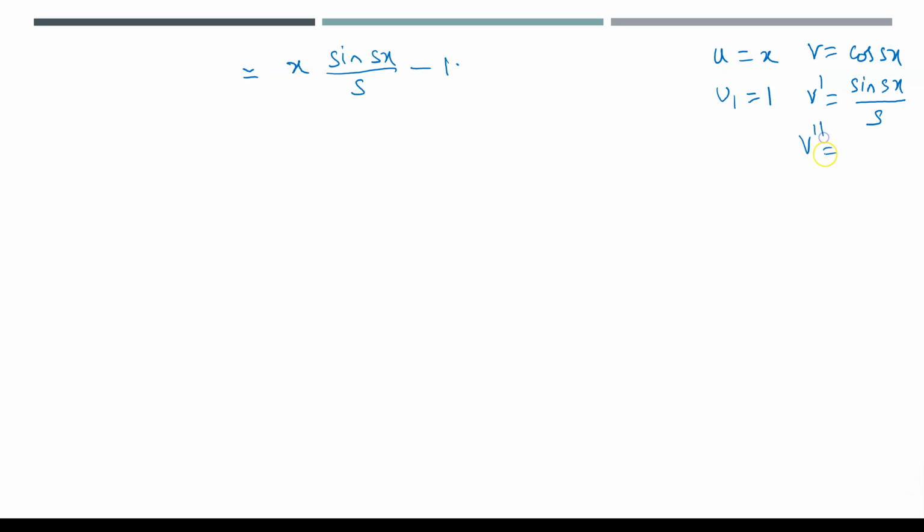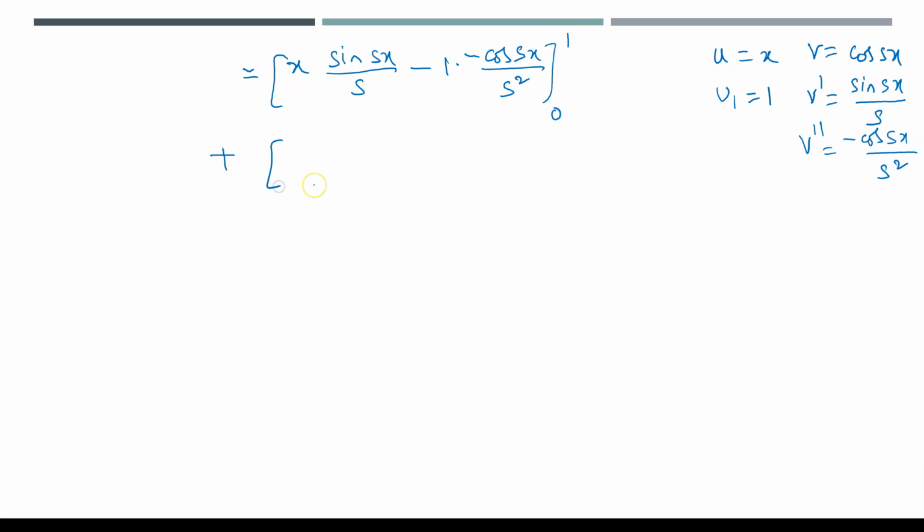Which is equal to, here for the first one, u equal to x, v equal to cos sx. Here u1 is 1 and the first integral of v is sin sx upon s. So the first term is x into sin sx upon s, minus u1 into the second integral of v, which is minus cos sx upon s square, so minus cos sx upon s square under the limits 0 to 1.